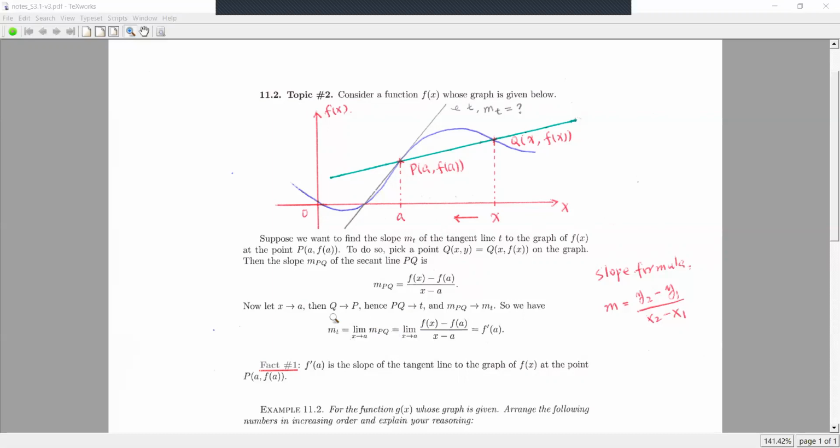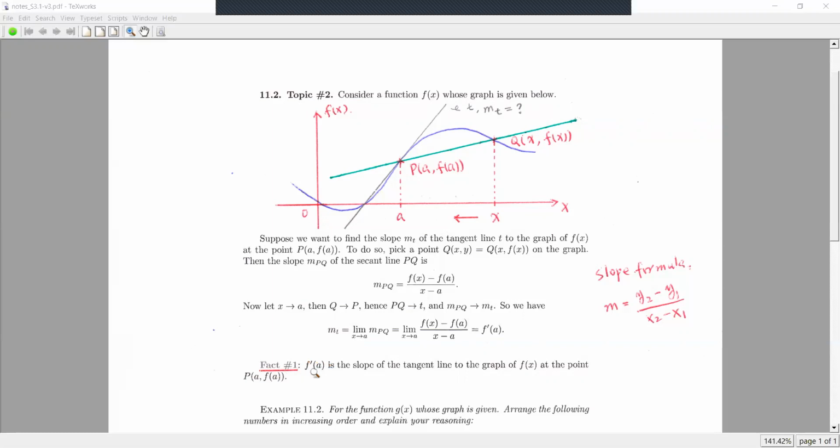So, the slope of the tangent line is this limit. But this limit is the derivative of the function at the point A by definition. So this observation says that the derivative of the function at the point A is the slope of the tangent line at the point A. I mark down this as fact number 1.